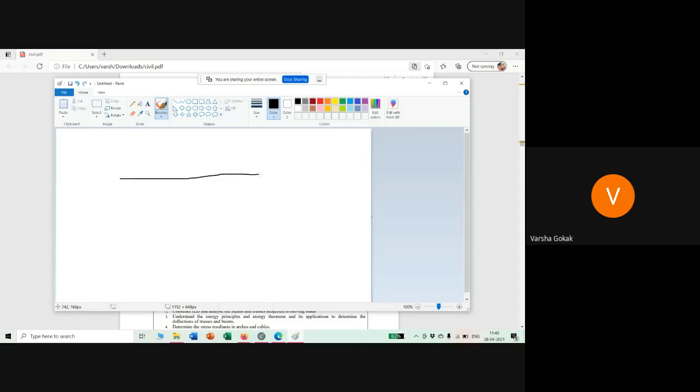Say you have a beam like this and both the ends I give you a hinge. How many reactions will you have? Two reactions, ma'am, on this side two reactions. And if both sides are hinged, how many total reactions? Four, ma'am. Four.